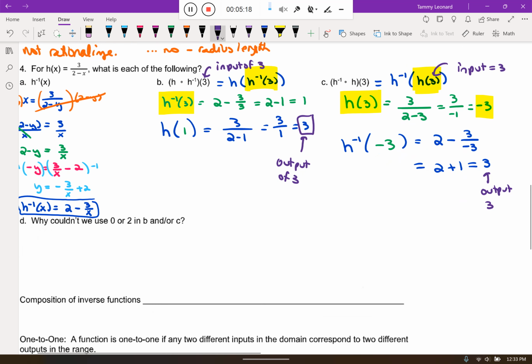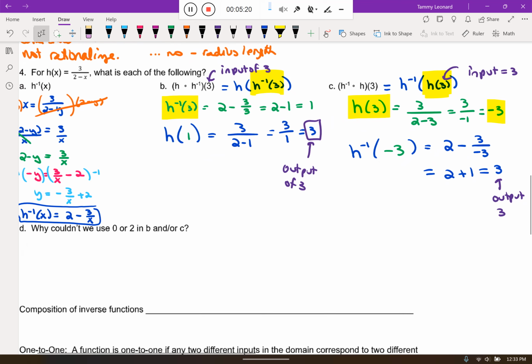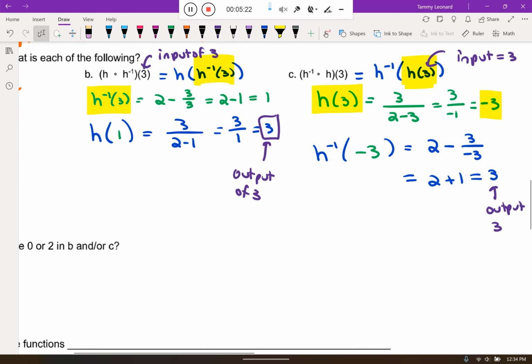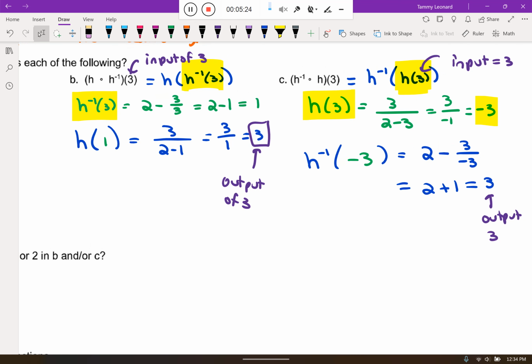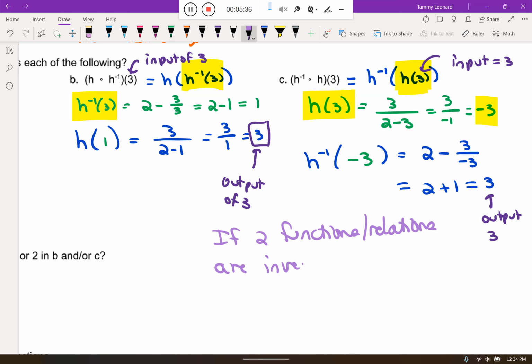That's clearly not a coincidence because it seems to have happened twice. So what are they trying to tell us here? Well, when we look at this pair, we can see an important rule. If two functions or relations are inverses, then f of f inverse of x will equal x.